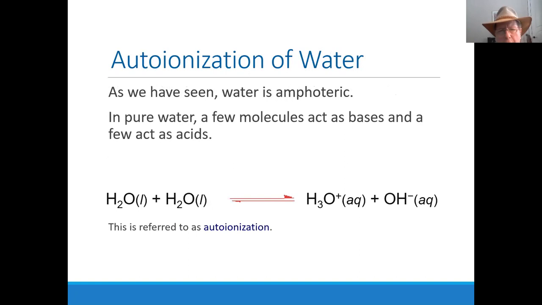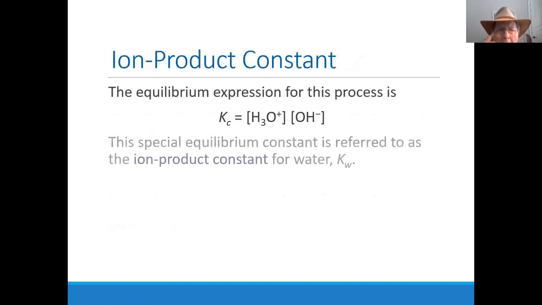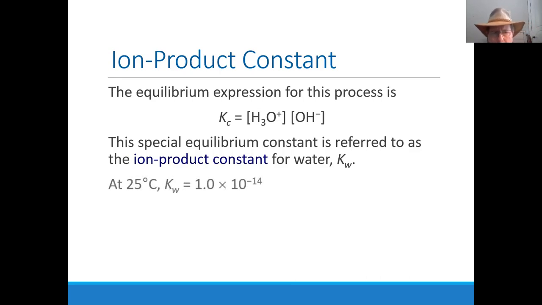So my equilibrium constant for this reaction is just the concentration of my hydronium ions times the concentration of my OH minus ions. This is a special equilibrium constant that's referred to as Kw. At 25 degrees, normal room temperature, Kw equals 1 times 10 to the minus 14th.